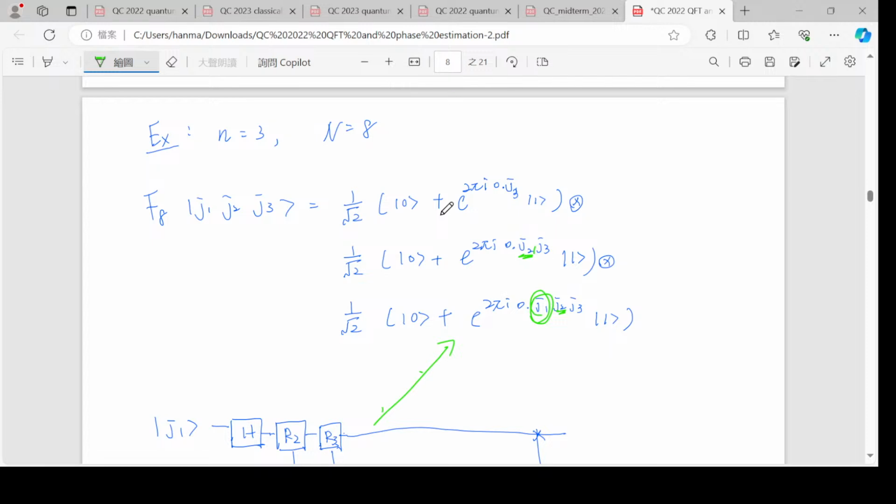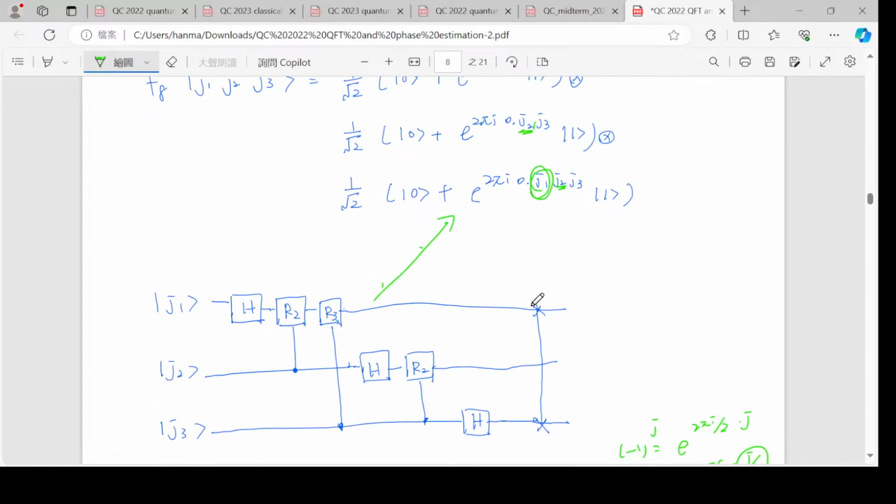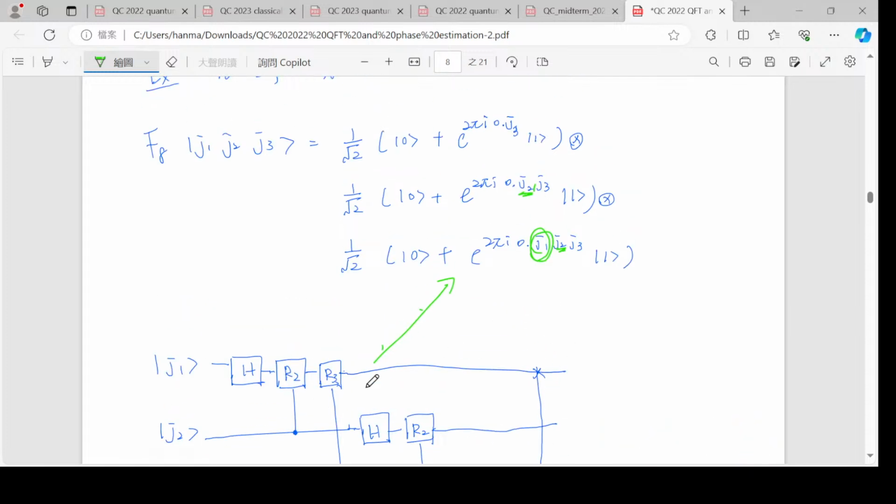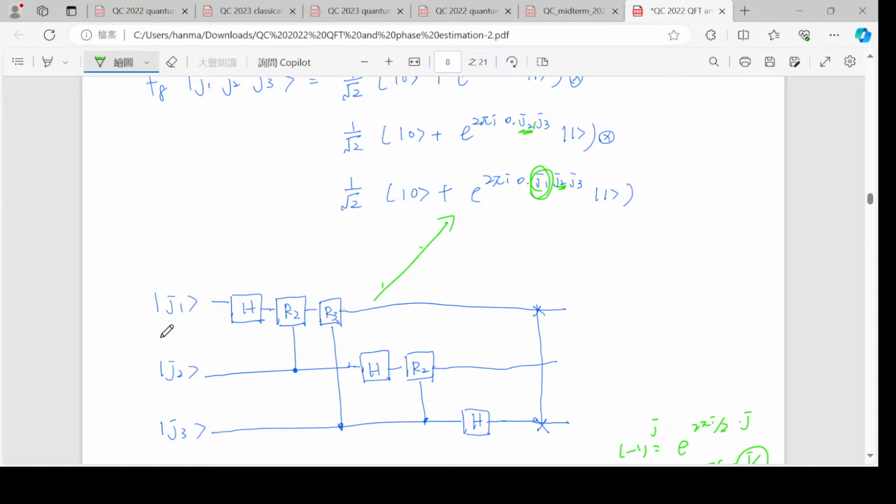And if you want to get rid of the swap gates, then you need to take care of your information carefully. Remember that once you rotate something, you don't really get to use the classical information on it anymore. So it can be hard. Okay, any other question?